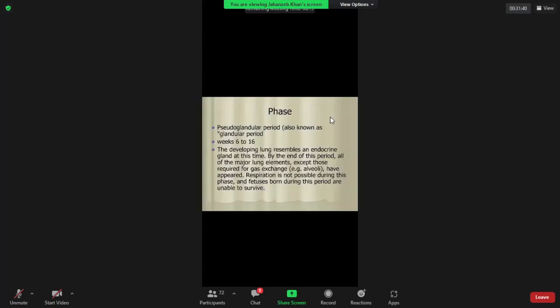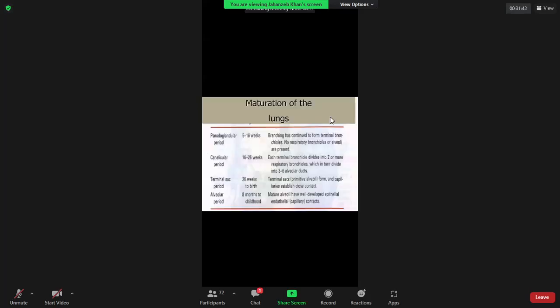We have to remember the chart at all costs. I'm coming up with the chart again. This chart says that you have the pseudoglandular period, the canalicular period, the terminal sac period, and the alveolar period. The alveolar period goes from 8 months up till childhood, like 8 to 10 years of age, the alveoli continuously develop.